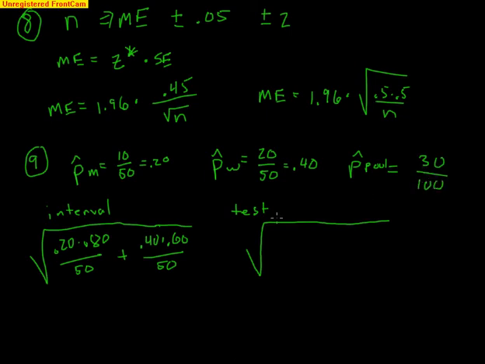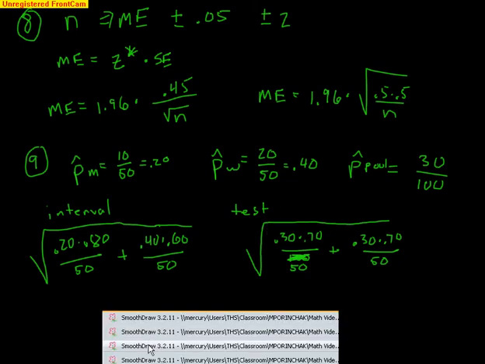So that would be 0.30 times 0.70 divided by the 50 men plus 0.30 times 0.70 divided by the 50 women. Again, p hat pooled, q hat pooled, all on top. Another way of looking at this formula is you could factor out that 0.3 and that 0.7 and take it out in front, not in front of the square root, but inside the square root still, and you'd have 1 out of 50 plus 1 out of 50.